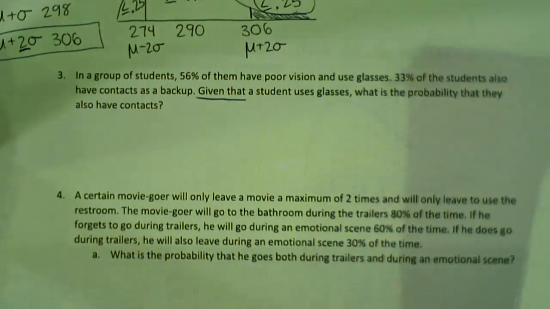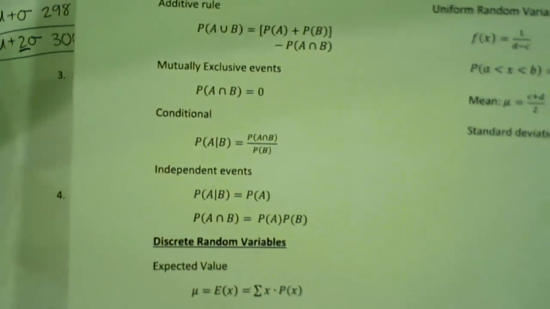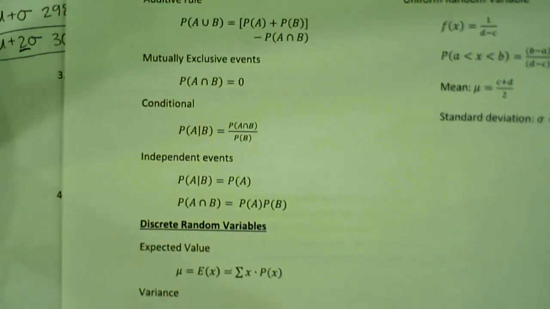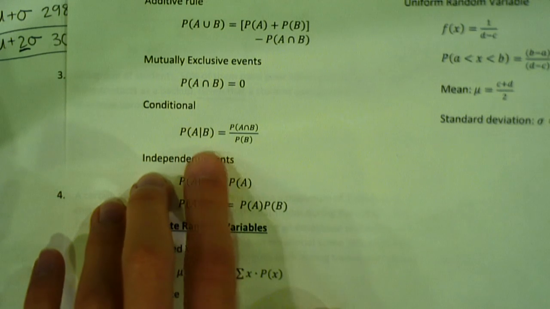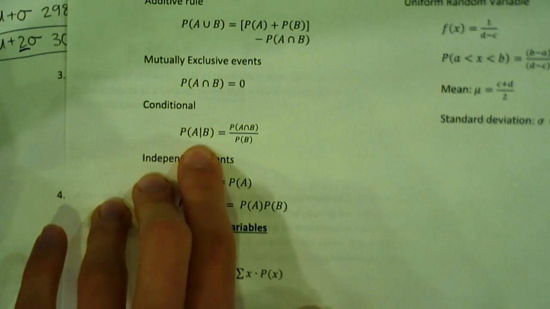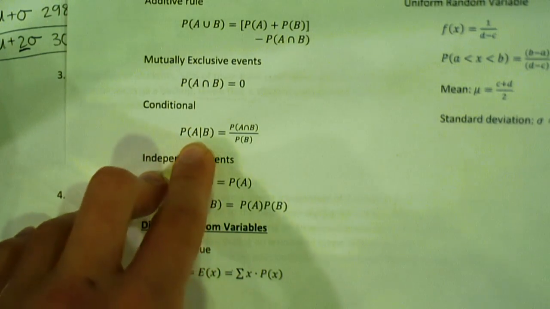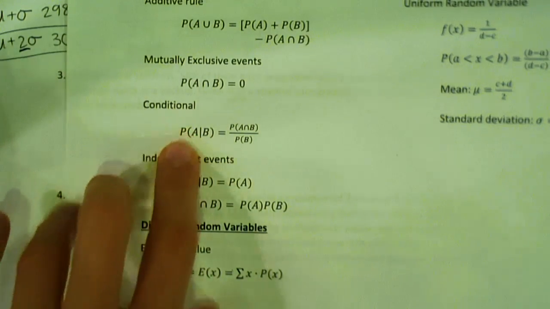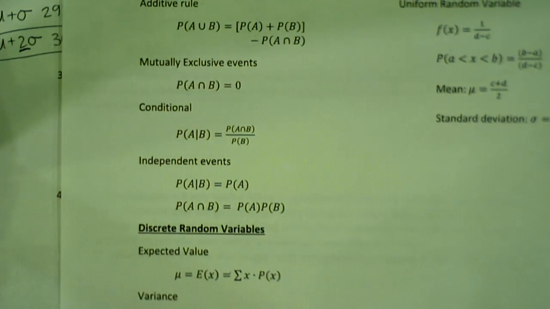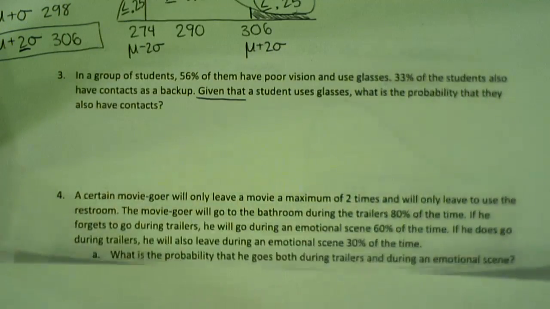So if we go to here, can everybody see this? The probability of A given B. This line right here, that's our condition. So let's write that up here.